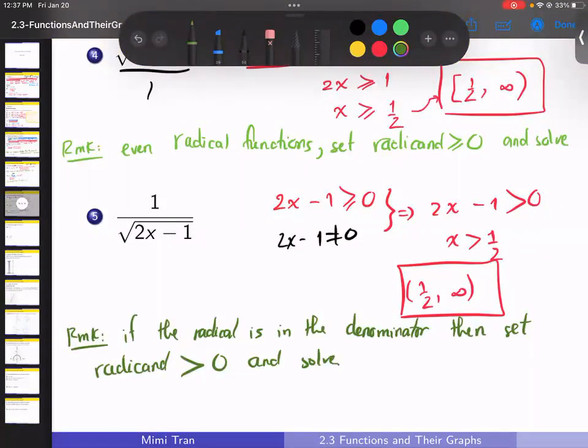If the radical is in the denominator, then set the radicand strictly greater than 0 and solve.